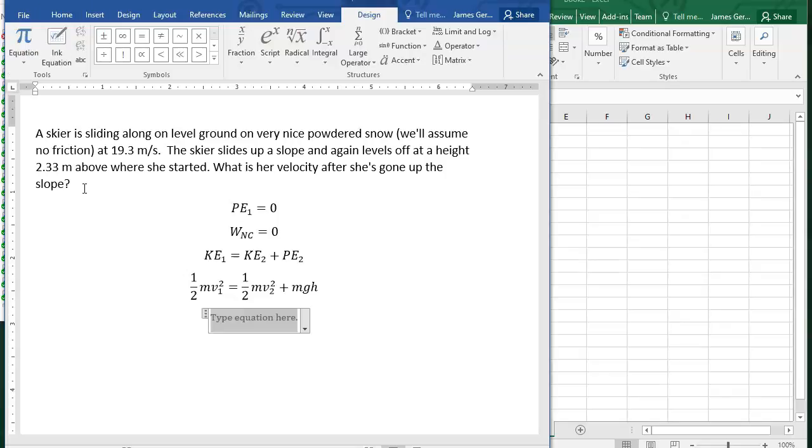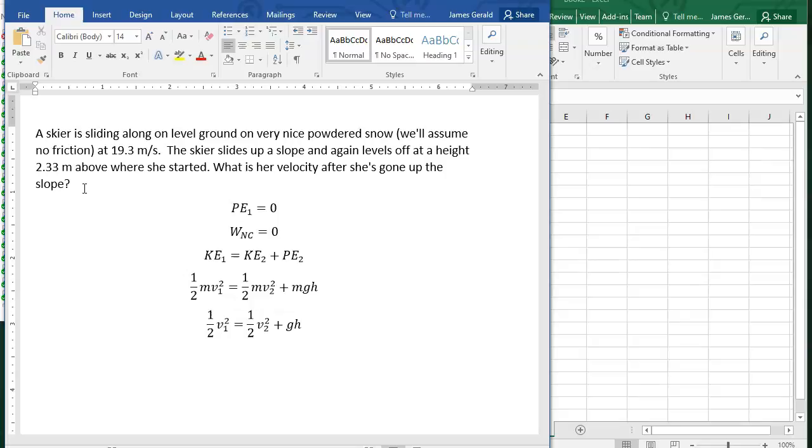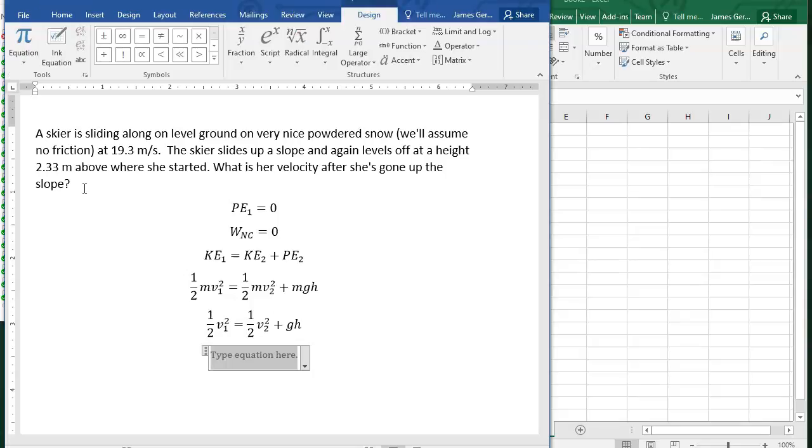And so 1/2 v1 squared equals 1/2 v2 squared plus gh. What are we trying to solve for here? v2. So let's isolate the 1/2. I'm going to multiply through by 2 because that'll give me a simpler v1 squared equals v2 squared plus 2gh.